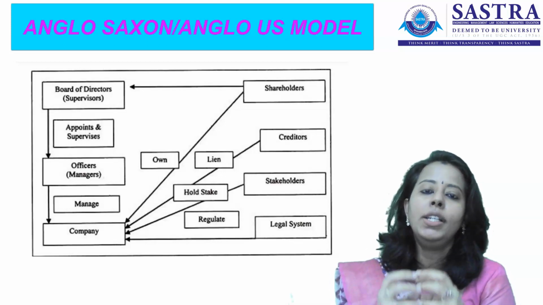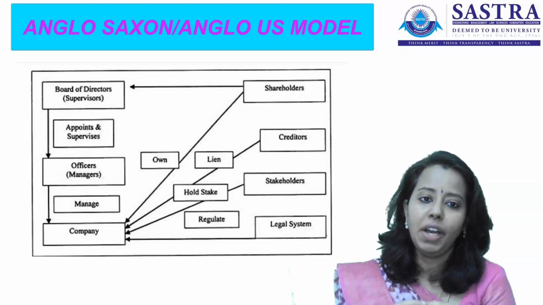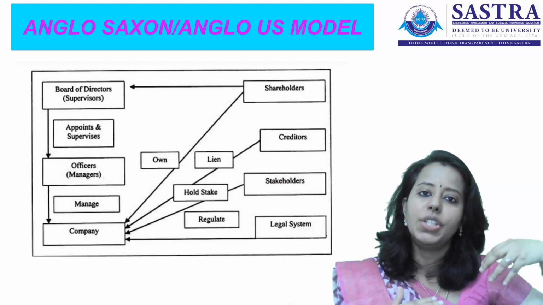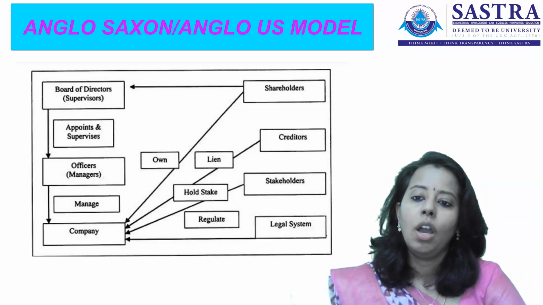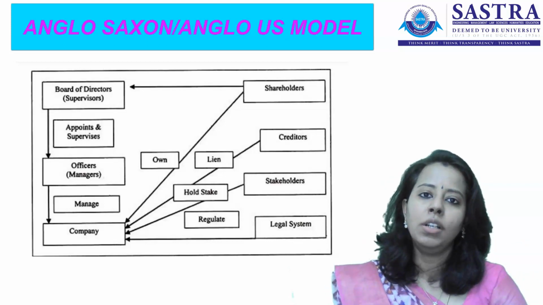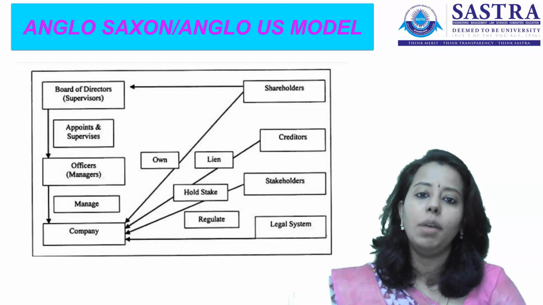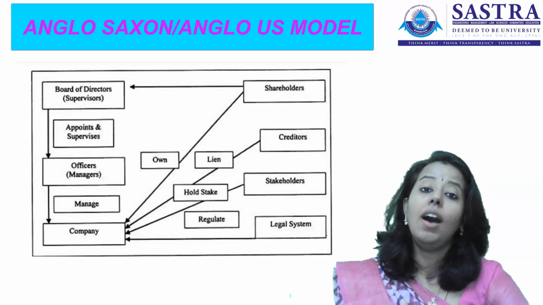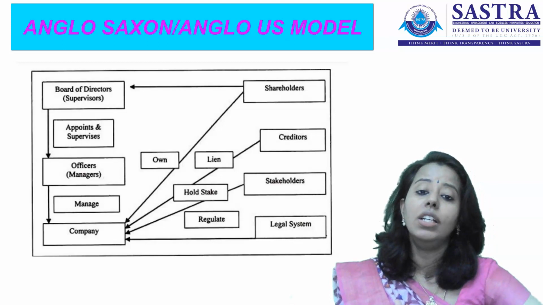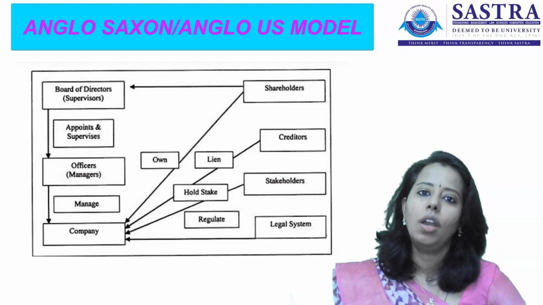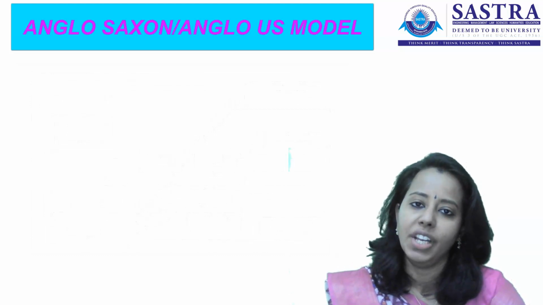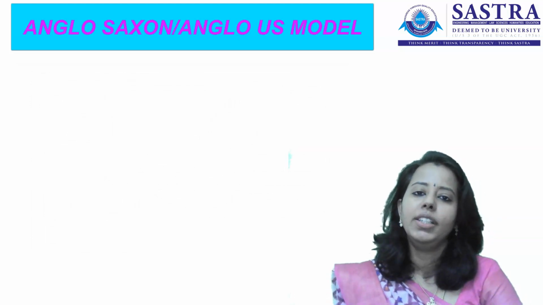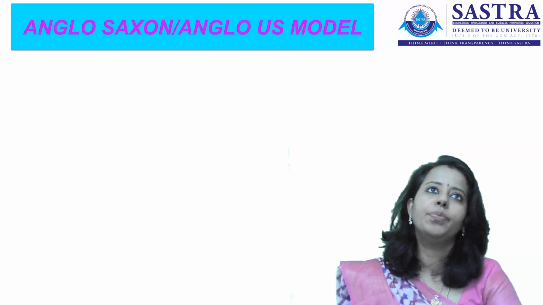When they are not satisfied with the company's performance, they simply sell their shares in the market and quit. In this particular model, small investors are protected and large investors are discouraged from taking an active role in corporate governance. So this is what the Anglo-US model is.